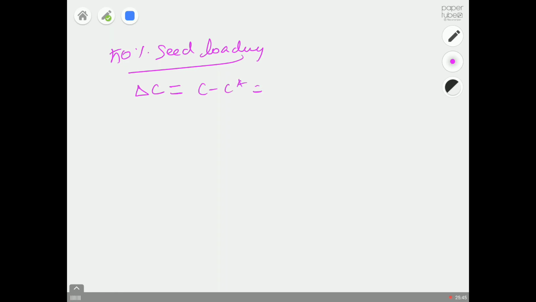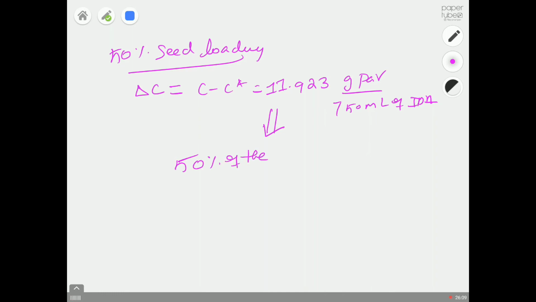That's equal to 11.923 gram of paracetamol per 750 ml of IPA. So 50% seed loading means just 50% of this theoretical mass that we can crystallize.